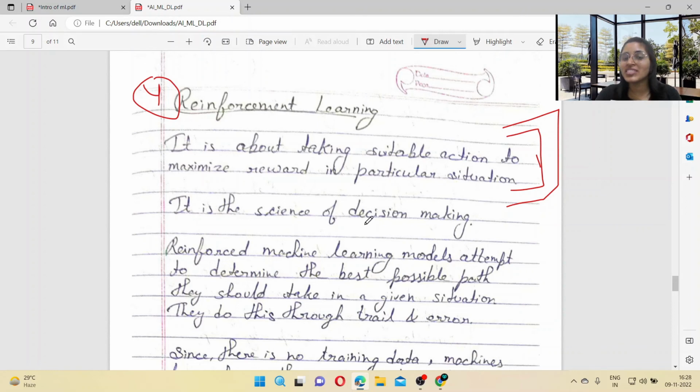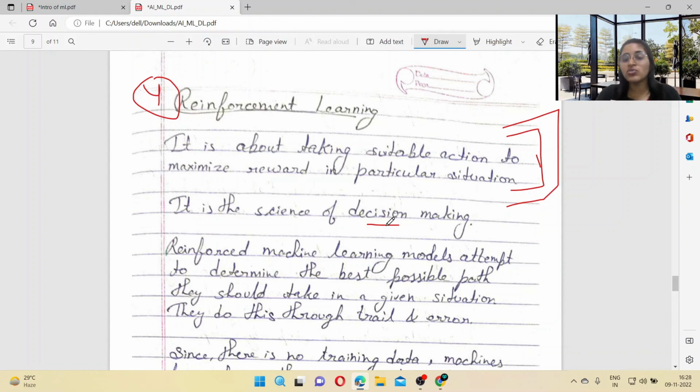You decide from your previous decision. Like if you are going to take admission in a college, you decide based on your previous decisions, whether that decision was good for you or not. If it is good, then you proceed with that same decision.